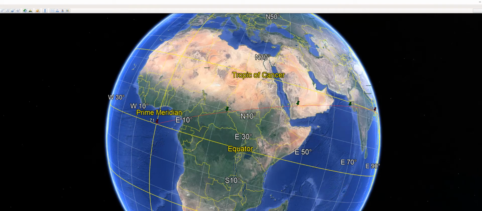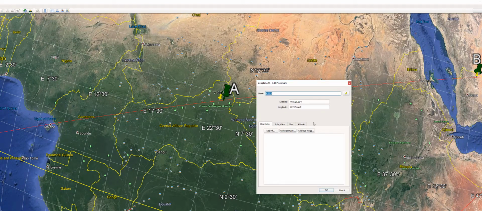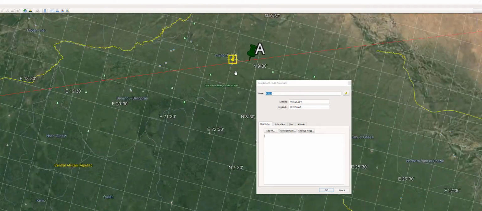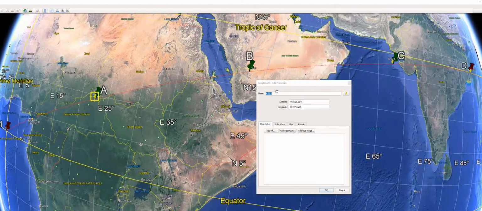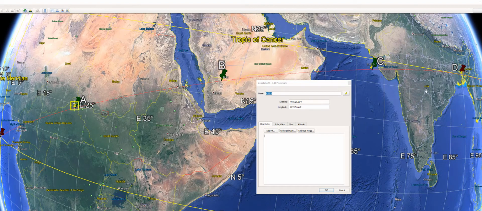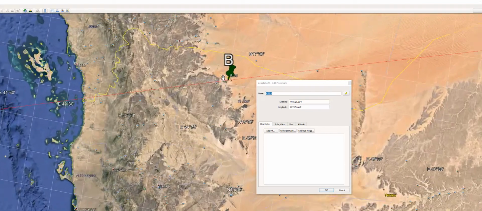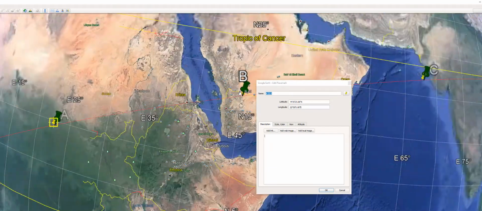Now, if I show you the new points, A is at 22 degrees and 30 minutes. Exactly. So it's a more correct point. It's still on the same line. My whole integer points are exactly the same. They're correct. They're on point with the old points.